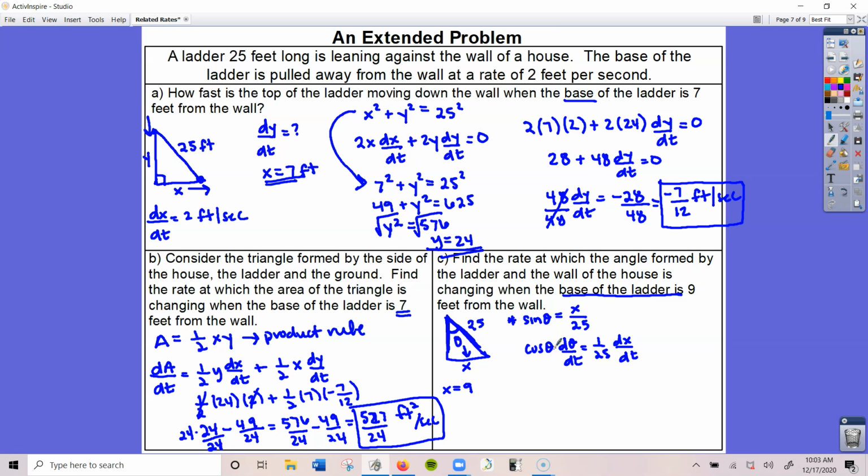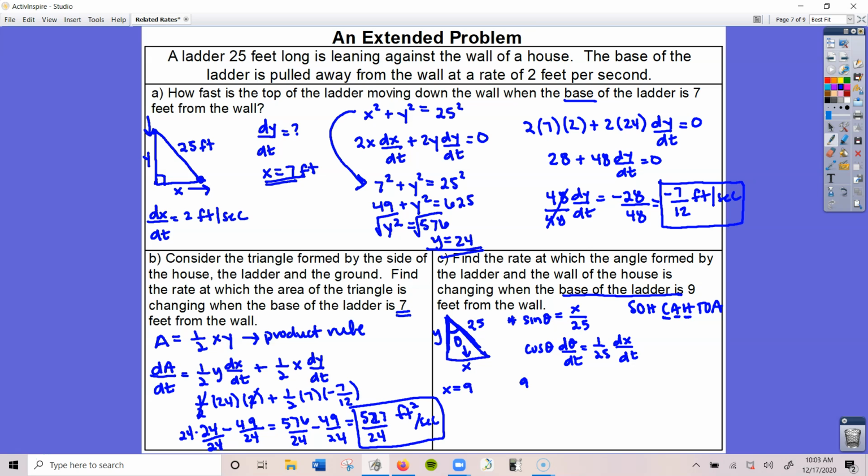I can find the cosine of theta if I solve for the missing side, and then remember SOHCAHTOA, right? I'll write it down here just in case. Cosine is the adjacent over the hypotenuse. So if I know my adjacent side, then I can just put that over 25, and that would represent the cosine. So I'm going to use x is equal to 9 and the hypotenuse is 25, and I'm going to solve for y.